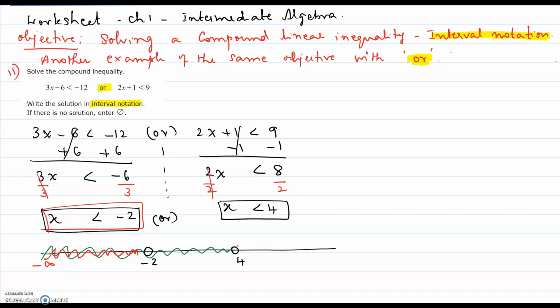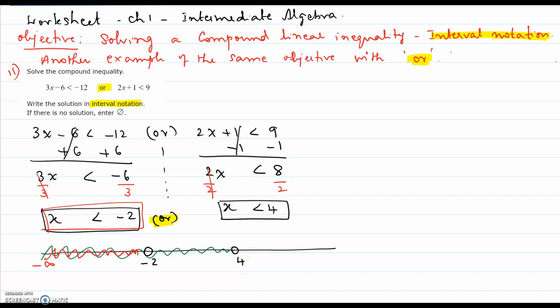Now the question is how we connect them by the compound statement or. So when the two sets are connected by or, it is the totality of elements in both sets. So the total coloring, the entire coloring starts off at negative infinity and ends at 4.